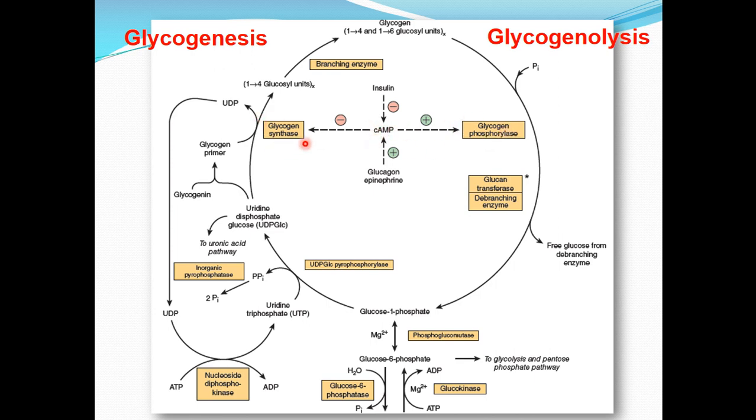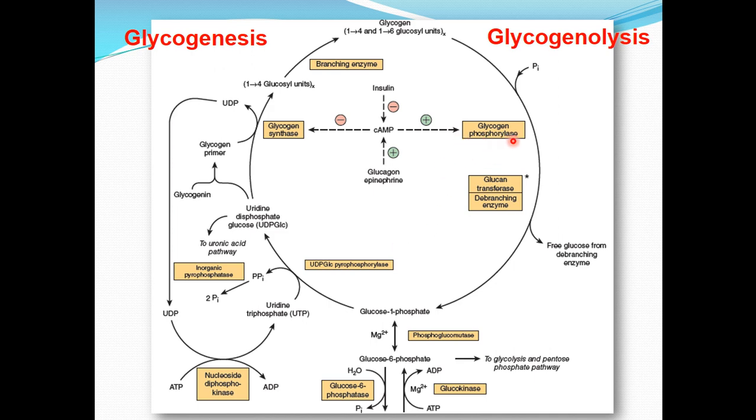These both enzymes are regulated in opposite directions by allosteric mechanism and by covalent modification. This covalent modification occurs by reversible phosphorylation and dephosphorylation of enzyme protein in response to hormone action.